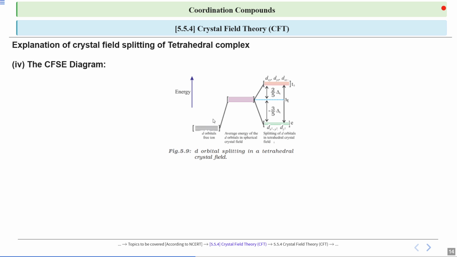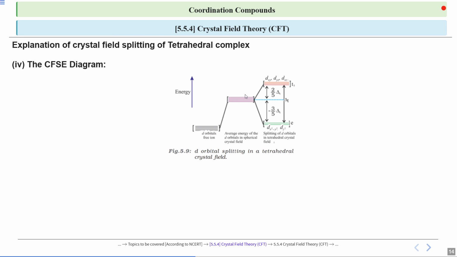When the ligands move close to the central metal ion and enter its spherical symmetrical electrostatic field, the energy of these five d orbitals is raised due to the repulsion between the electrons of the ligands and those in the metal d orbitals. The electron repulsion causes the rise in energy, but they are still degenerate.